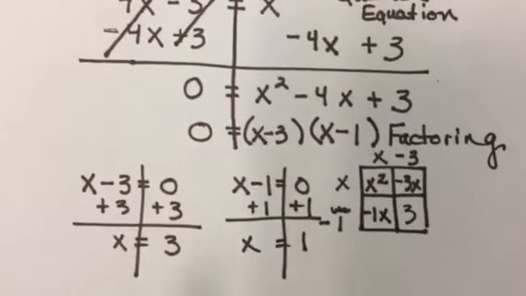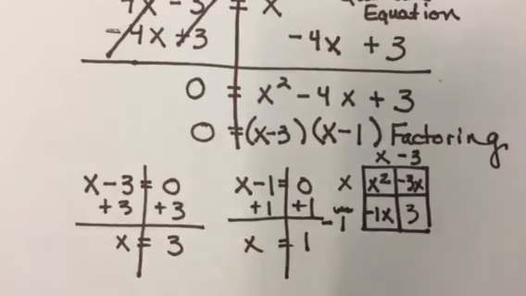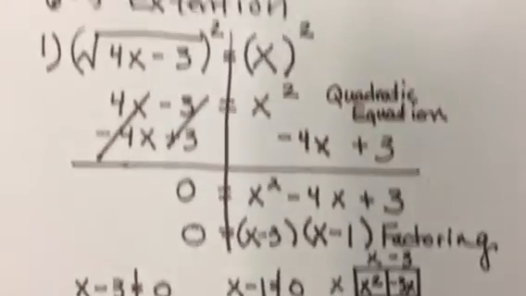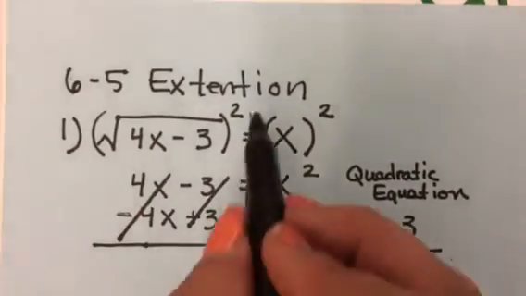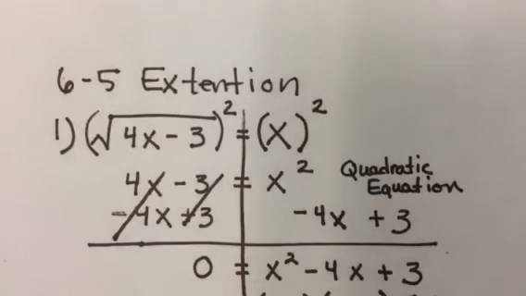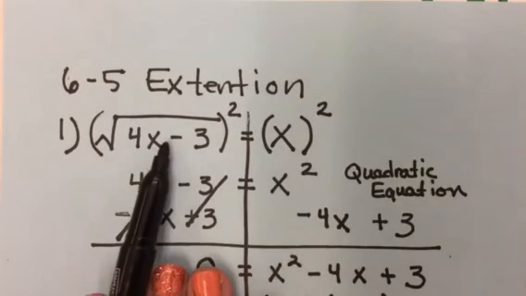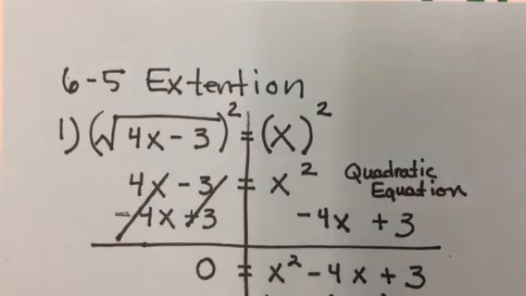But before we can claim these as our solutions, we have to make sure that they work. So we want to go back to our original equation and make sure that each one of these works, because not all the time in a radical equation do they always work. Remember, there are domain restrictions on radicals.